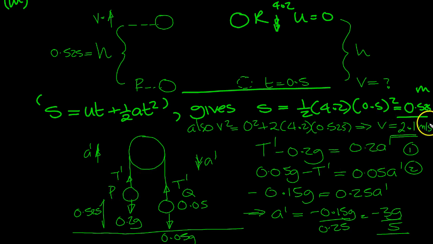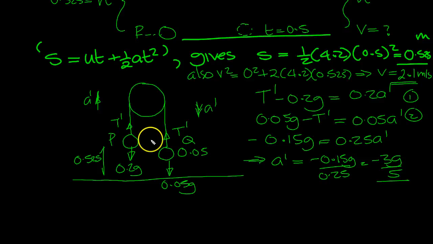So this velocity here that we've just discovered, P is now going to go up with acceleration a dashed, which is equal to minus 3g over 5. It starts off with a velocity here of 2.1. So we need s, don't we? We know the top velocity up here will be v equals 0.